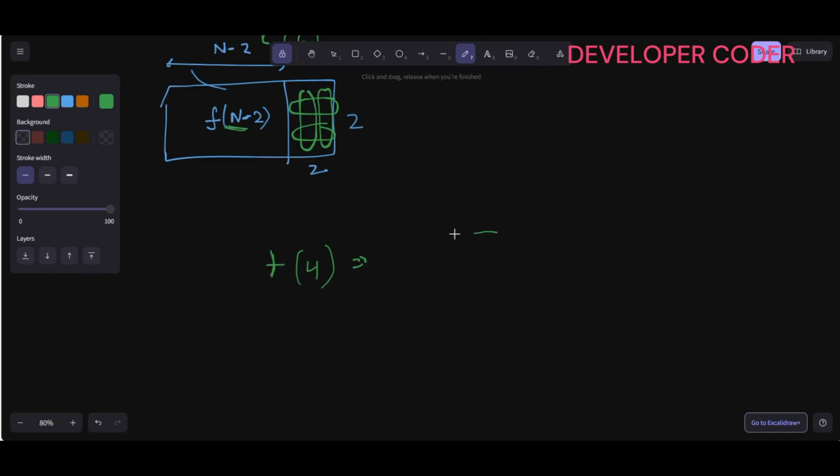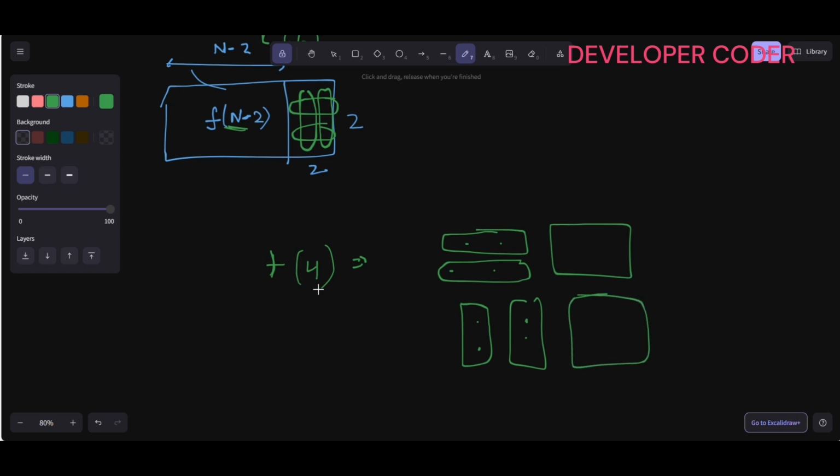You have this as one option, and this as one option, and here this is empty right now. This is one way of tiling here, and here there is one way of tiling like this, and this is empty right now. This is f of 2, and here 2 into 2 part. So these are two cases, right?